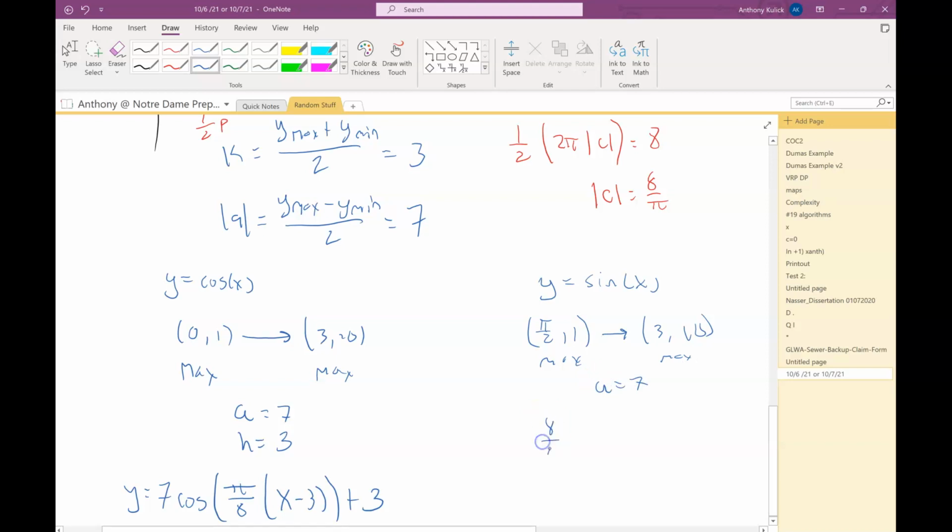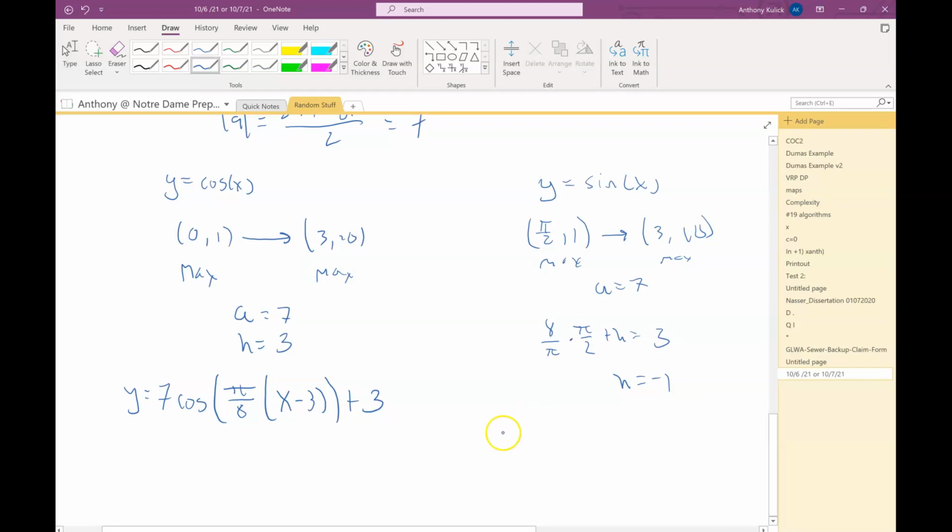But to find that h, I have to do c times x from the parent plus h needs to give me the x from the transformed. So that's 4 plus h equals 3. If I subtract 4 from both sides, I have negative 1. So I have y equals 7 sine of pi over 8, again using that positive c, times x plus 1, plus 3.